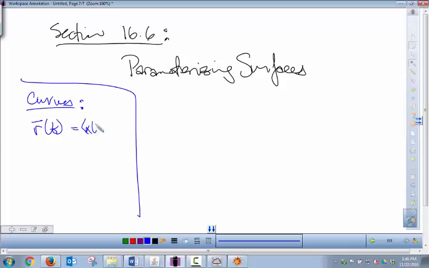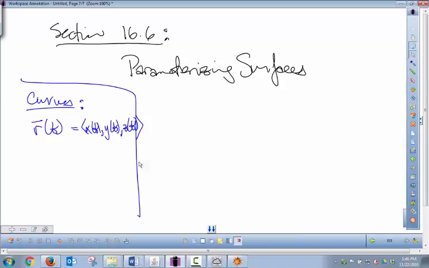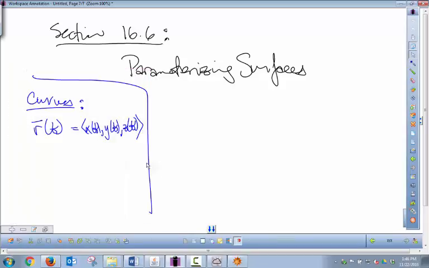So with curves, depending on whether you're 2D or 3D, you get a set of equations with one parameter t. And then you give it a starting and end point for t, then you can draw your curve.